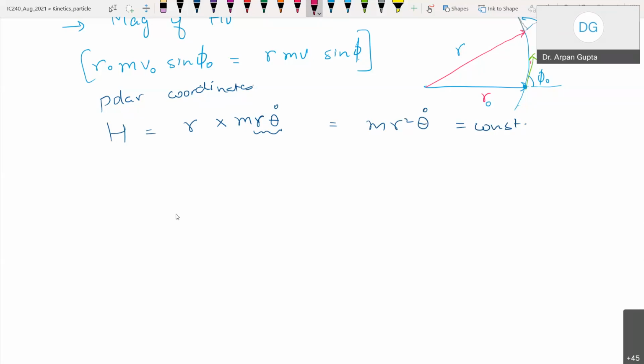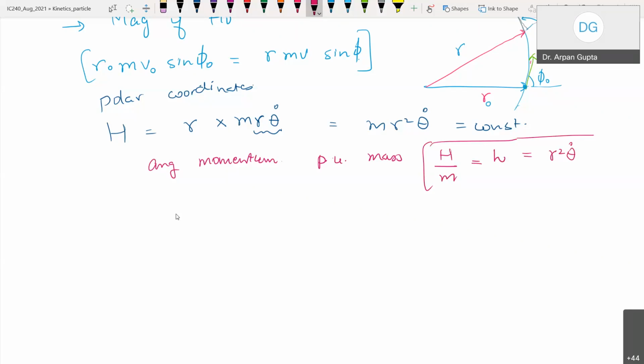If I divide this expression by mass m, what we get is angular momentum per unit mass. So if I say angular momentum per unit mass, which is capital H by small m, and if we call this small h, this becomes r square theta dot, and this is going to be constant.